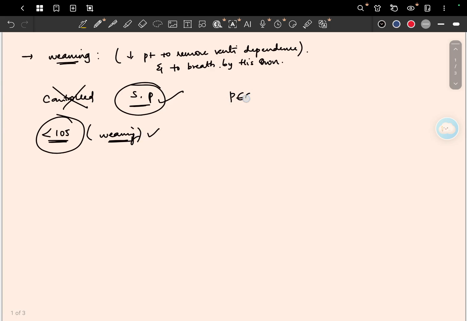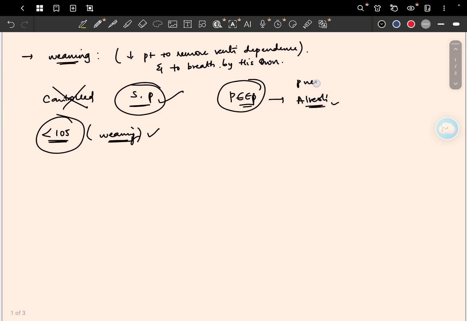Here we have a term called PEEP, which is positive end expiratory pressure. This is the amount of pressure remaining in the alveoli at the end of expiration.